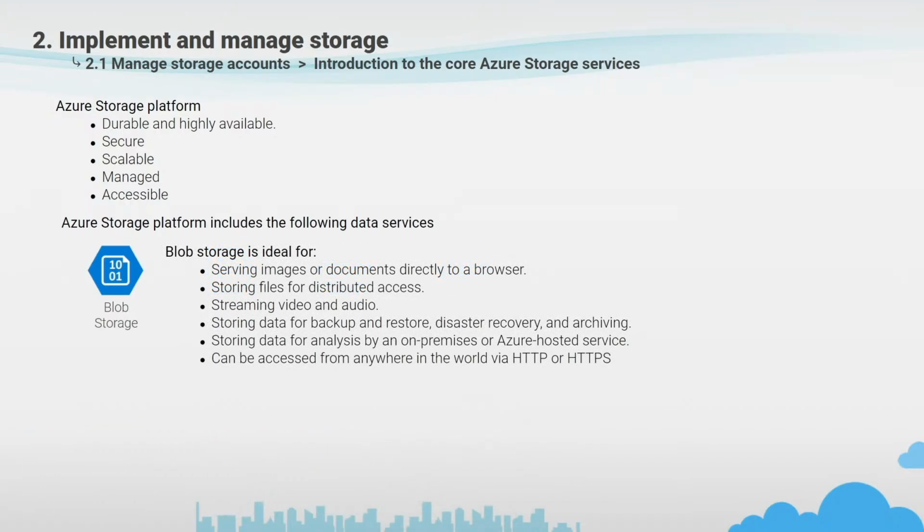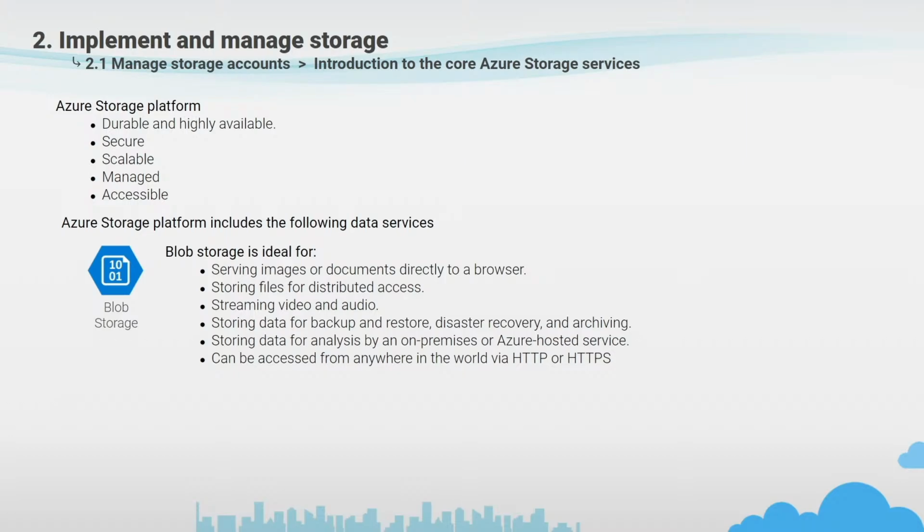Azure Blob is an object storage solution for the cloud optimized for storing massive amounts of unstructured data, such as text or binary data. It is ideal for serving images or documents directly to a browser, storing files for distributed access, and streaming video and audio.